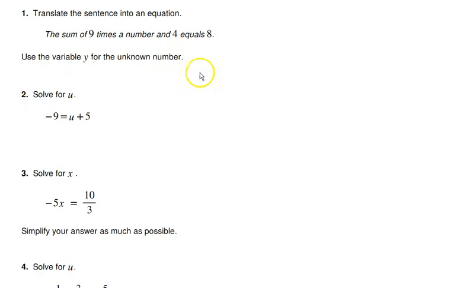Now, part of this is to follow what they're asking, the instructions. The sum of 9 times a number and 4 equals 8.